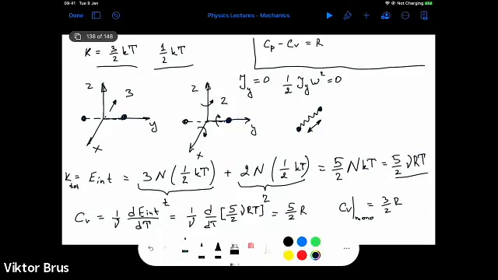That's why this equation is valid always, and that's why according to this equation we can calculate Cp for a diatomic gas as Cv plus R, and this will be equal to 7/2 R. Okay, so now we defined Cv and Cp, specific heat capacitance for constant volume and pressure, taking into account rotational motion of the diatomic molecule.